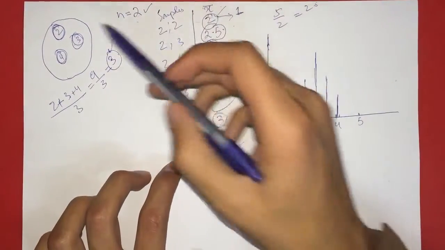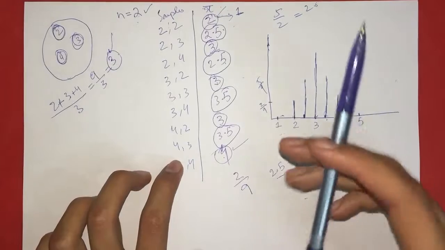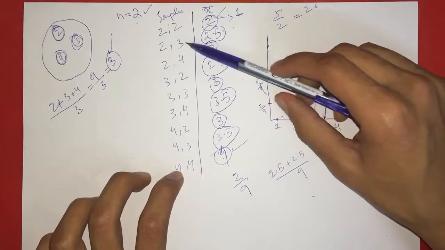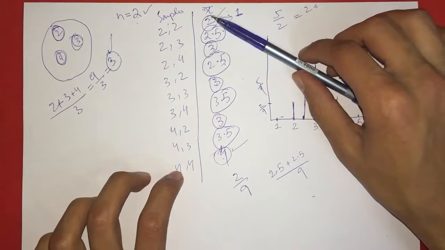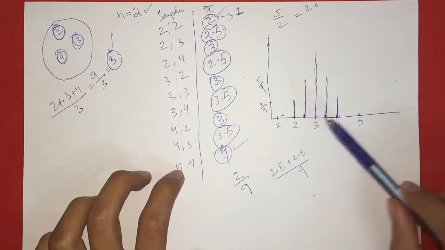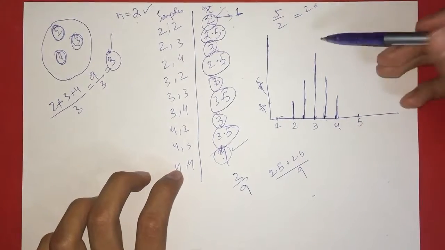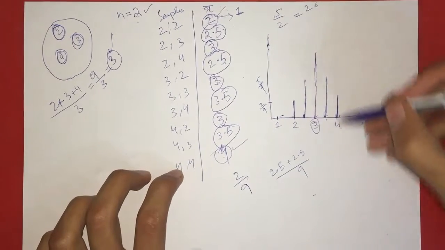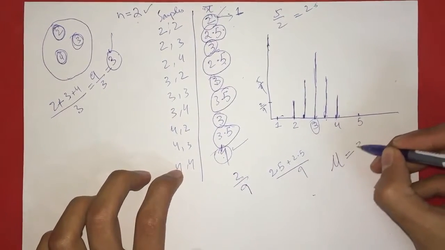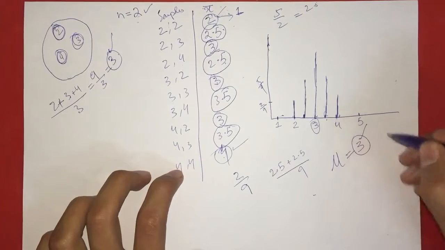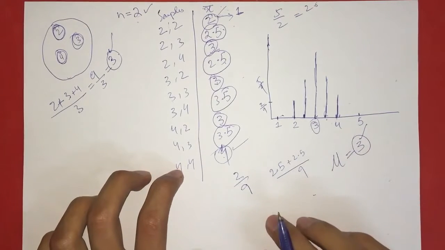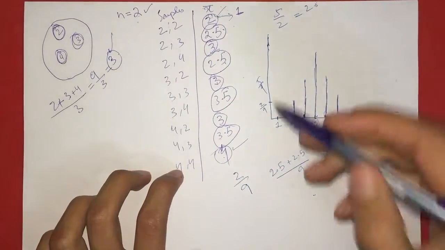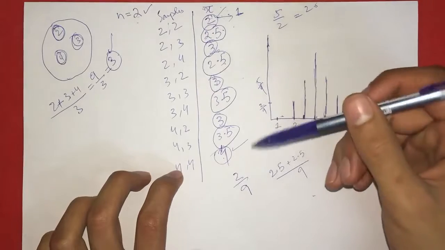So there was 3. Now from the population we took out certain samples. We took out all the samples, and we took out the respective sample means, and then we found out that 3 is repeated the most times. So we can infer that 3 is going to be the population mean. So what we did, we made an inference about the population through our samples.